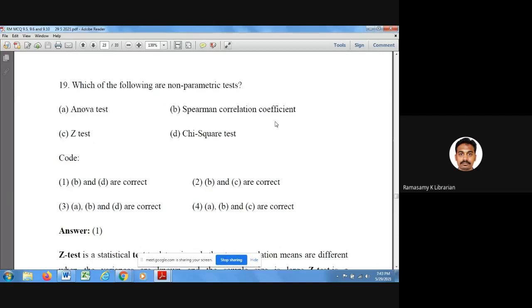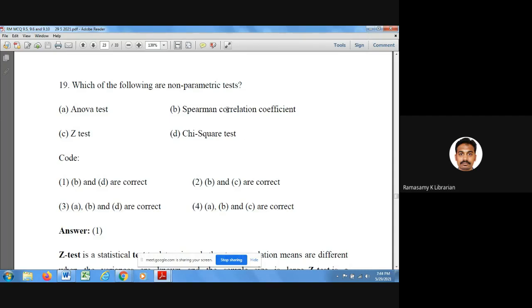Fine, okay. Then, which of the following are non-parametric tests? Please understand, ANOVA and Z test are parametric tests. Spearman correlation coefficient and chi-square are non-parametric tests. If your data is in numbers and normally distributed, you can conduct Pearson correlation coefficient.